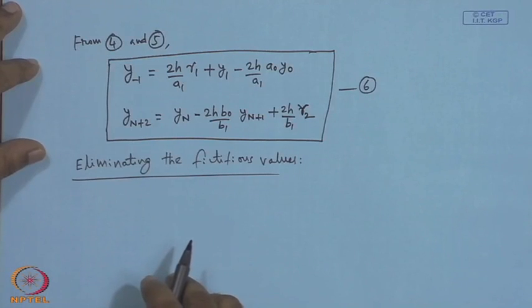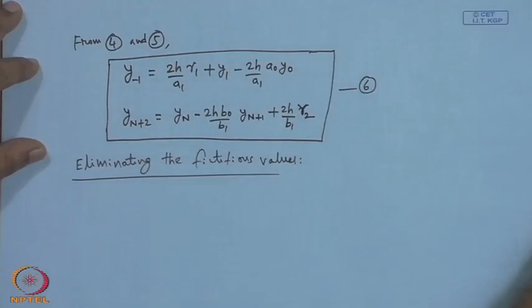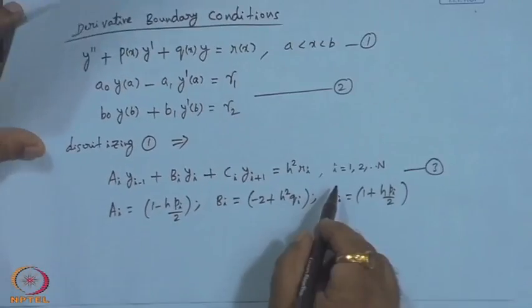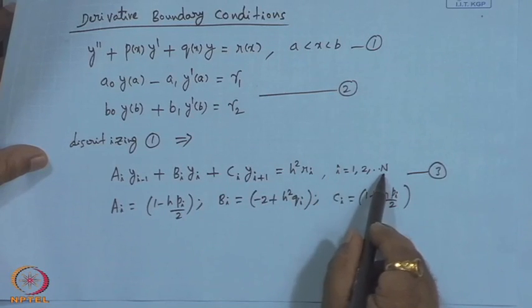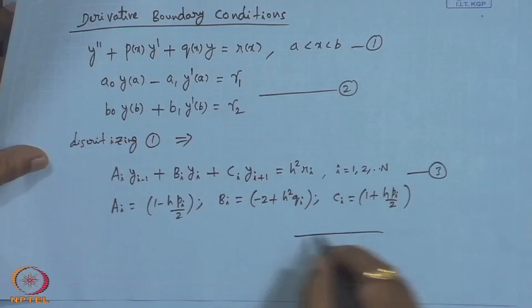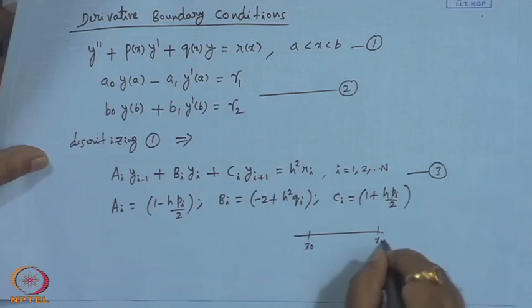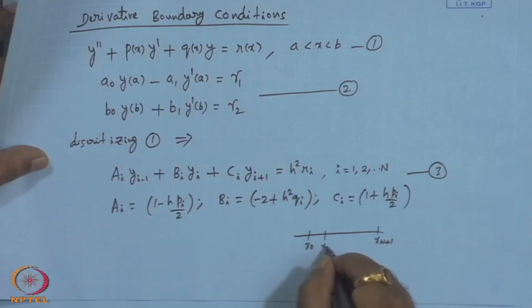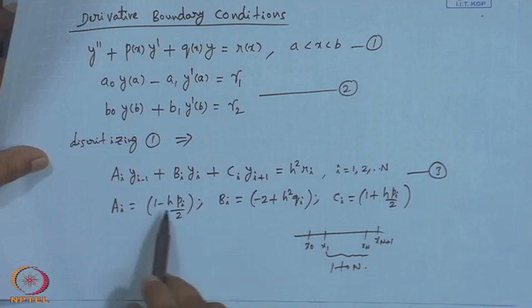Eliminating the fictitious values. If you recall, we have this equation which we were running from 1 to n. So, we were running from 1 to n.